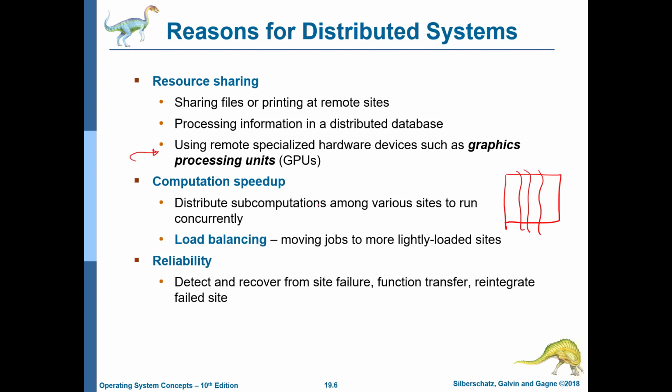Of course, there are many additional challenges here which are not there in a single machine, such as detecting and recovering from node failure, from site failure. If one computation is stopped in the middle, we need to either restart it somewhere else, or if we can recover some of the state, we can transfer the function and run it somewhere else.